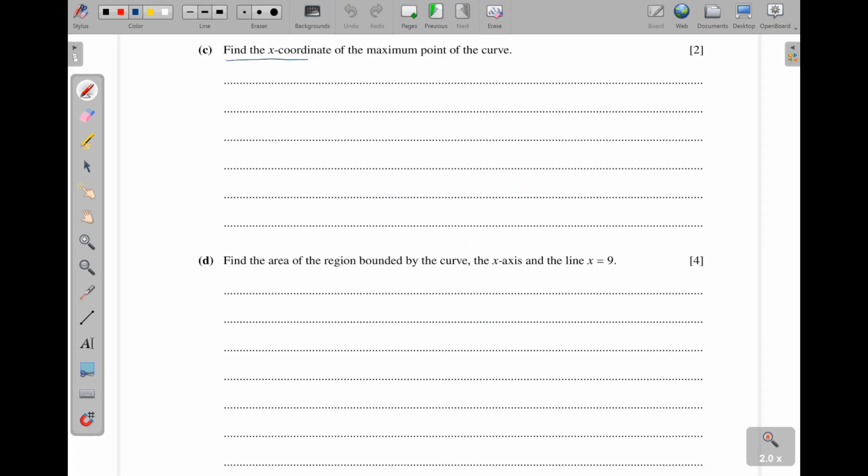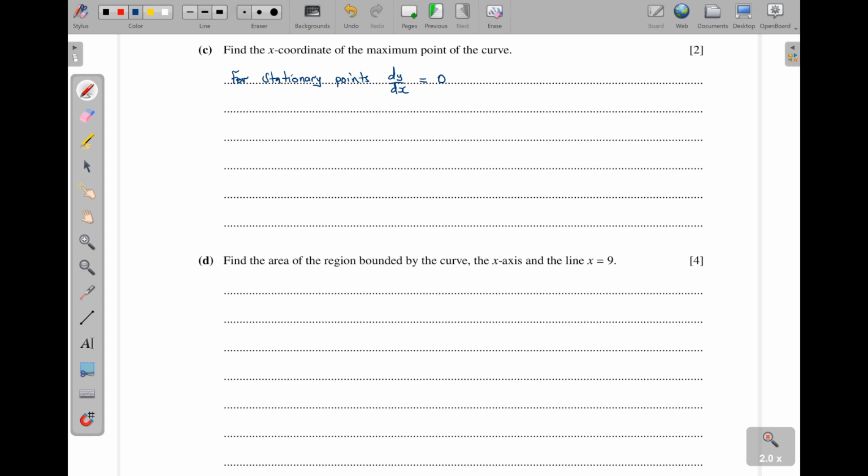Part C, find the x-coordinate of the maximum point of the curve. Maximum point, this is a stationary point. So we know that for stationary points, dy/dx has to be equal to 0.